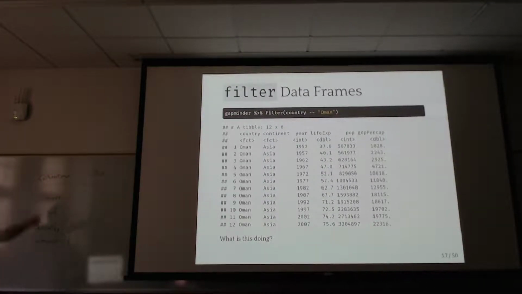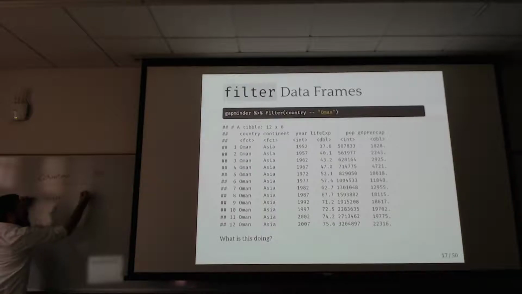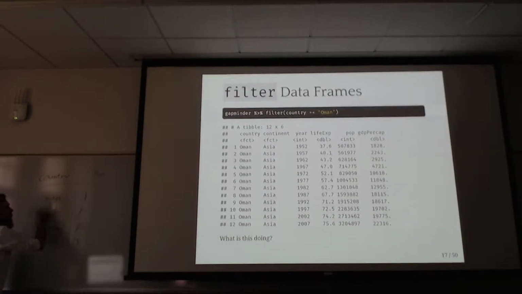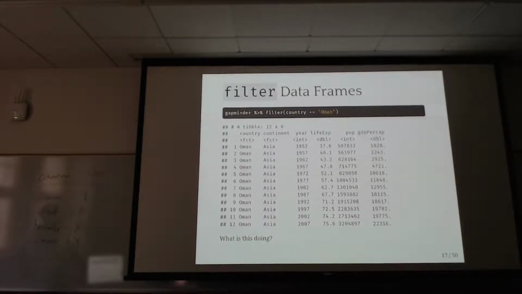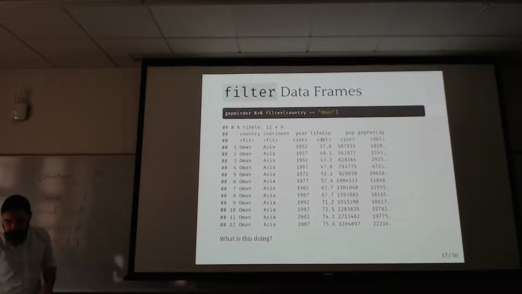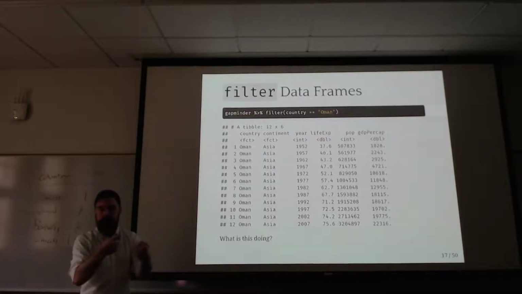What the filter country equals Oman is doing is it's just going down line by line and saying, oh, that's equal to Oman, put a true here. That is not, that is not, that is a true. Then it just dumps all the ones that encounter a false and returns all the true rows. That is filtering. Filtering is how you select rows. Does that make sense to everybody?